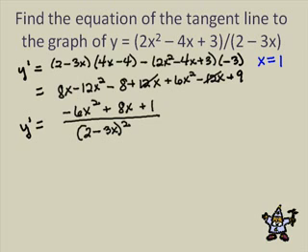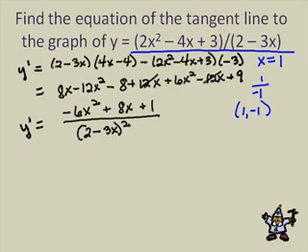If we substitute into the original function, plugging in a 1, we get 2 minus 4 plus 3, so 5 minus 4, so we get a 1 on top. Then in the denominator, we substitute in a 1 and get a negative 1. So when x is 1, y is negative 1. That's our point on the curve.